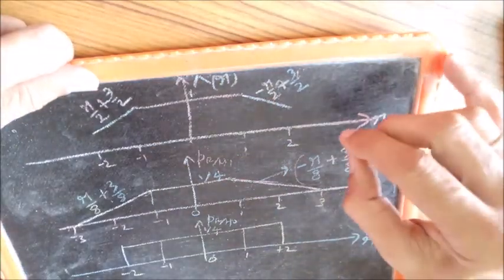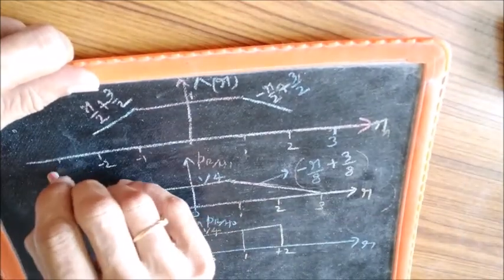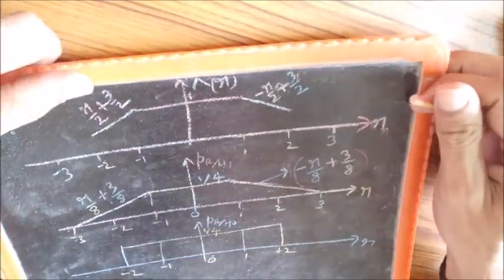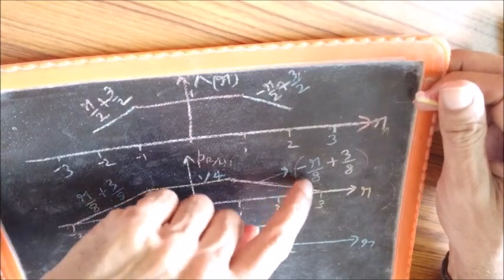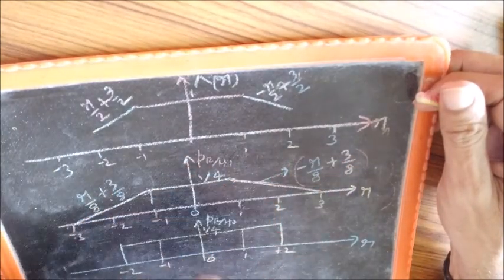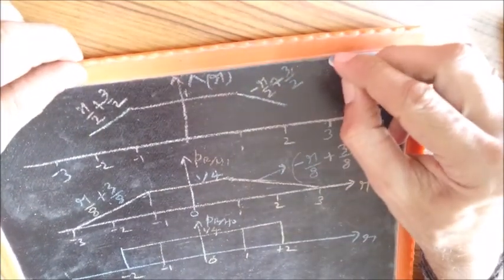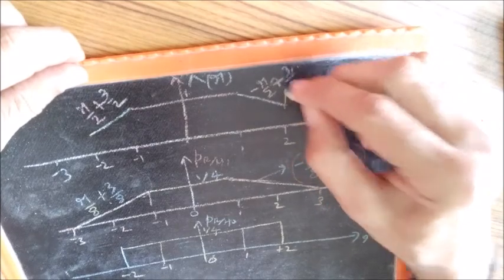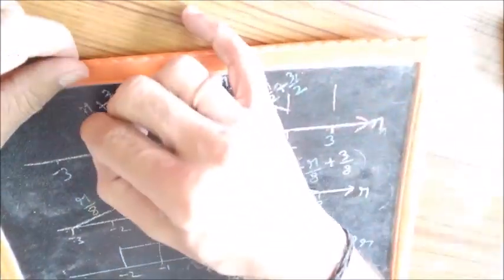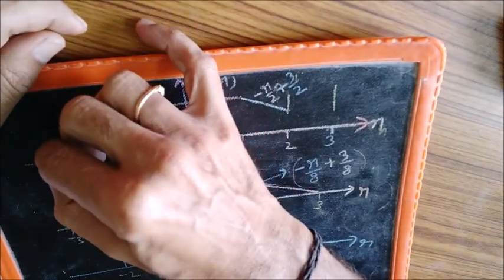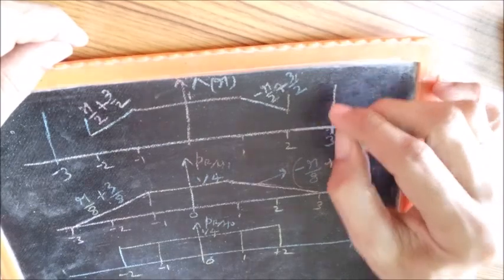And from 2 to 3, as well as minus 2 to minus 3, you are dividing this same function by 0. So you will have the likelihood ratio shoot to infinity. Within the range 2 to 3, you will have the likelihood ratio shoot to infinity, so I will represent it like this.